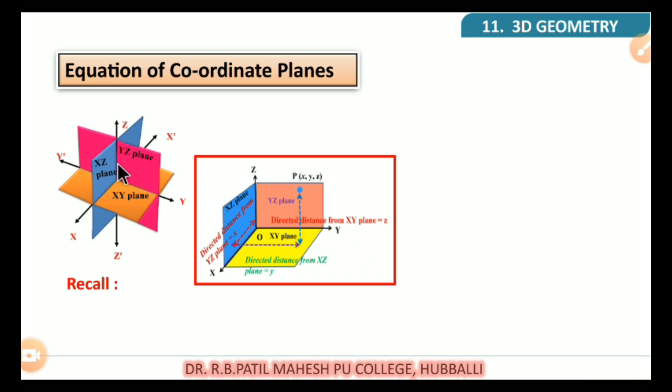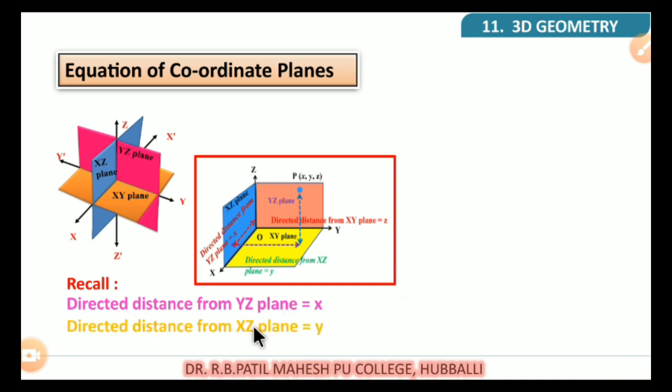From this diagram you can see, if you consider a point in the space, the directed distance from yz plane is x, the directed distance from xz plane is y, and the directed distance from xy plane is z. These are the distances of that point from these various planes.